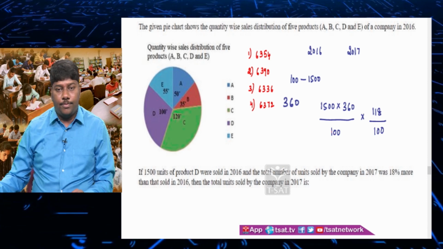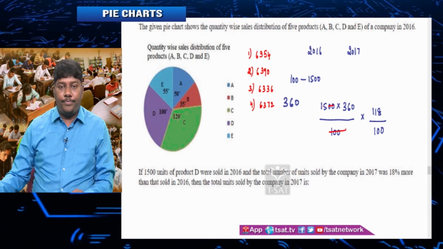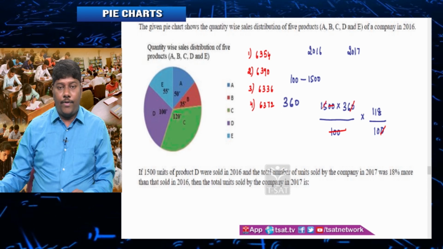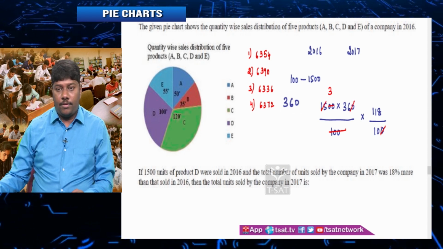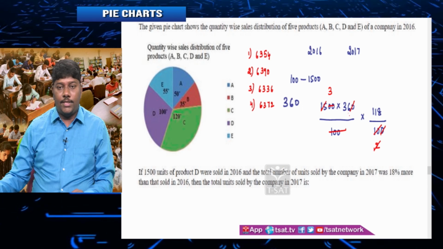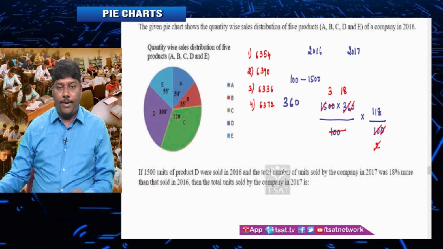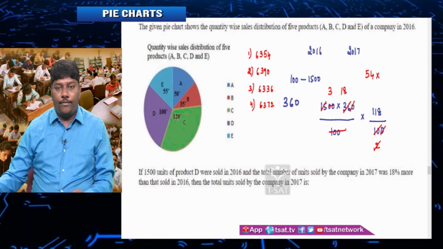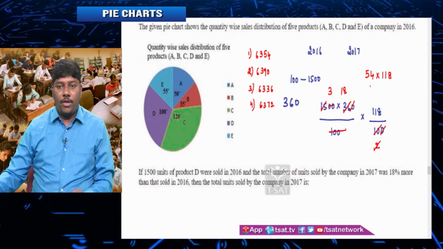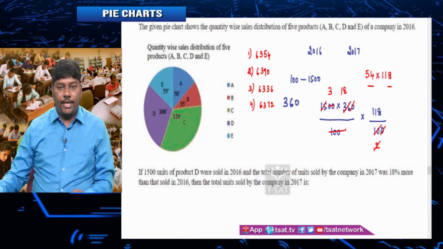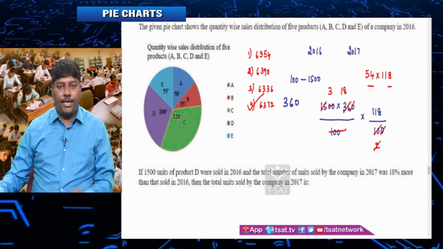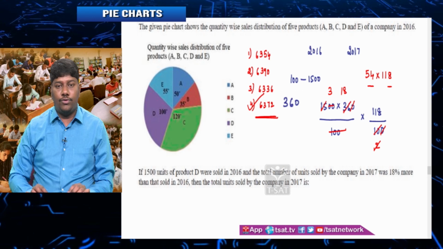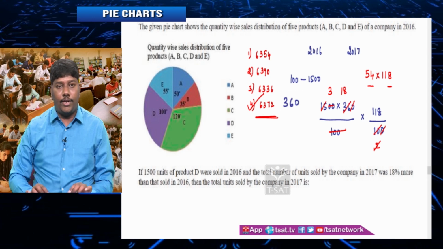Zeros cancel, 1 0 1 0 cancel. 5 3s are, 5 2s are, 2 1s are 18. So finally 18 3s are 54 into 118. Whenever you get these kinds of products, 4 into 8 is 32. So the unit digit is 2. Therefore the answer is 6372.